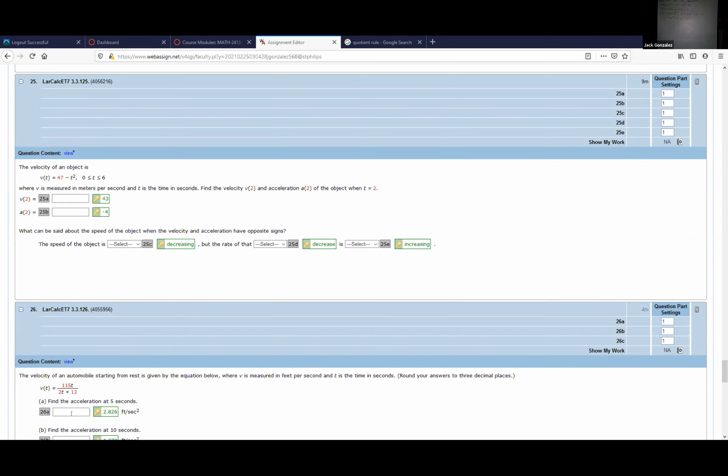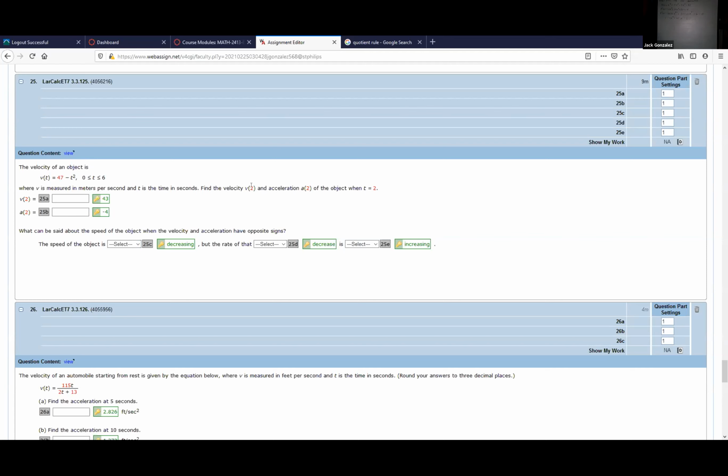So if you saw the videos, you should remember where this comes from. They're giving us v, where v is measured in meters per second. Find the velocity at 2, find the acceleration at 2. In other words, 2 meaning when time is equal to 2 seconds. I don't think they specify it, but usually it's seconds, right?